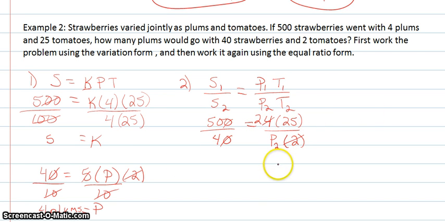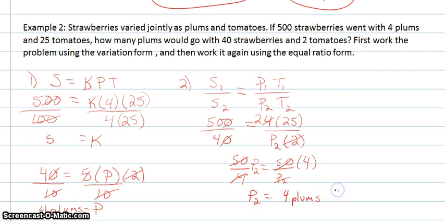So this would be 50 over p sub 2 equals 50 over 4, and then if I cross multiply, I would have p sub 2 here and 4 over here, and then I would be dividing by 50, so those cancel, and then I'm left with the 4, so p sub 2 equals 4, and that is plums.